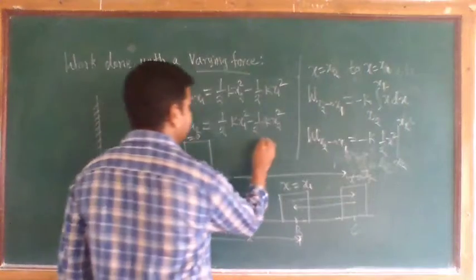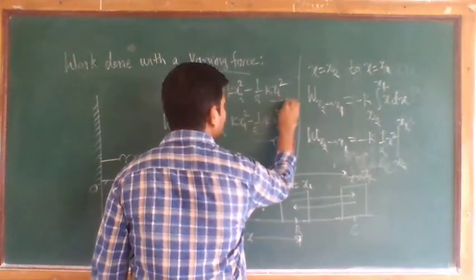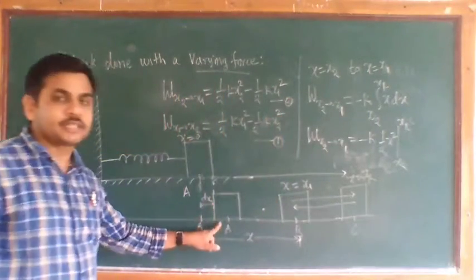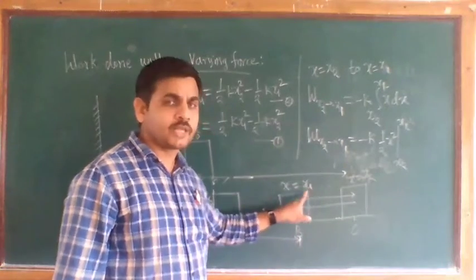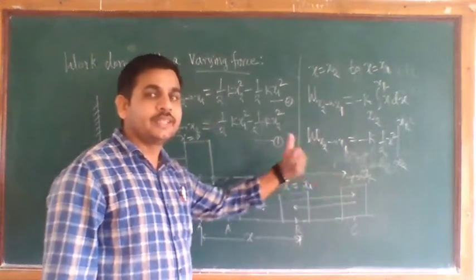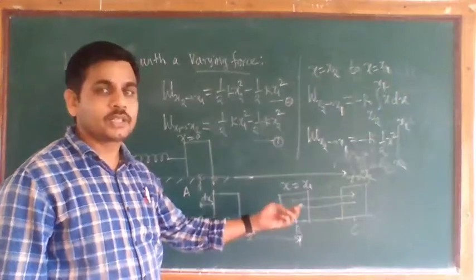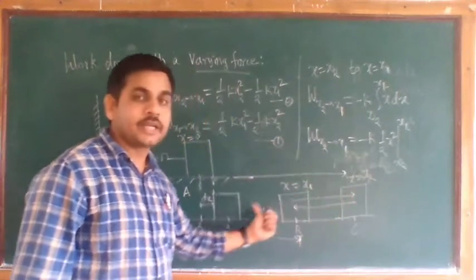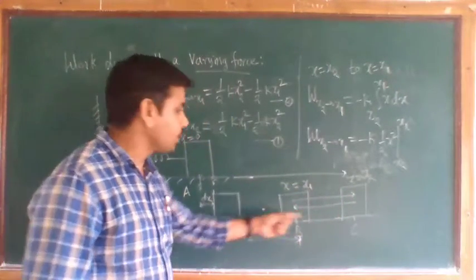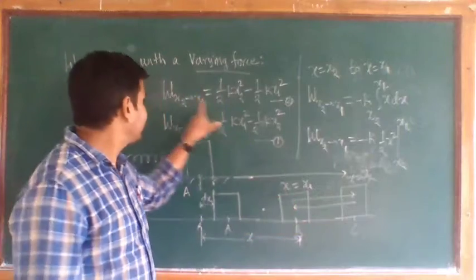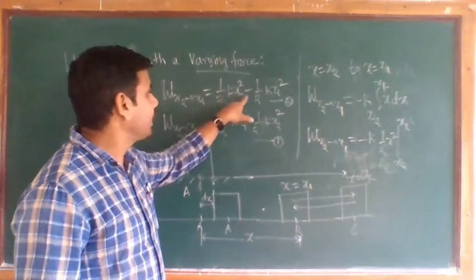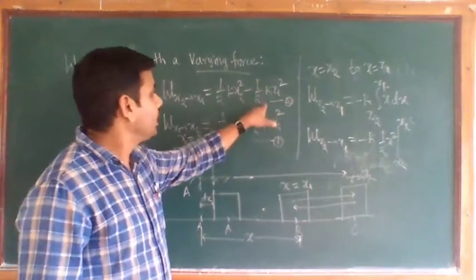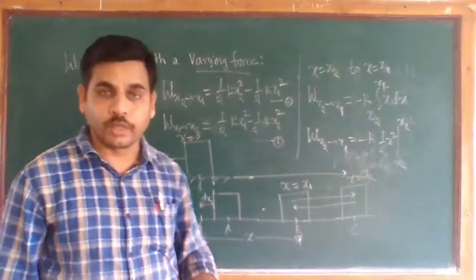This is your first condition, this is your second. In the first condition, the block is moved from x1 to x2. In the second condition, the reverse condition, the block is moving from x2 to x1. In that condition, you get 1 half k x2 square minus 1 half k x1 square.